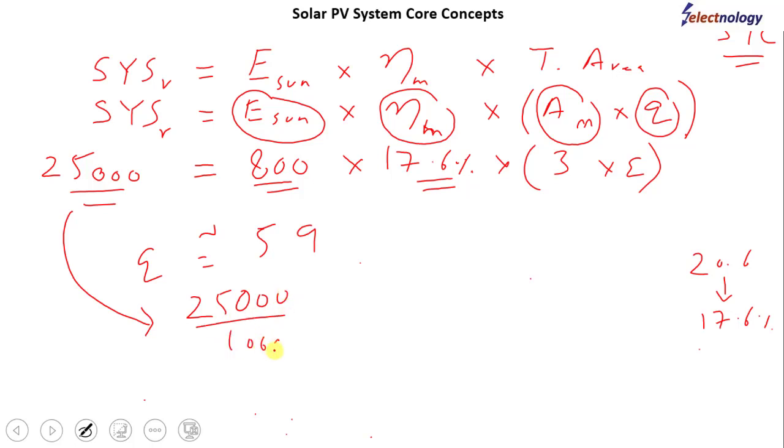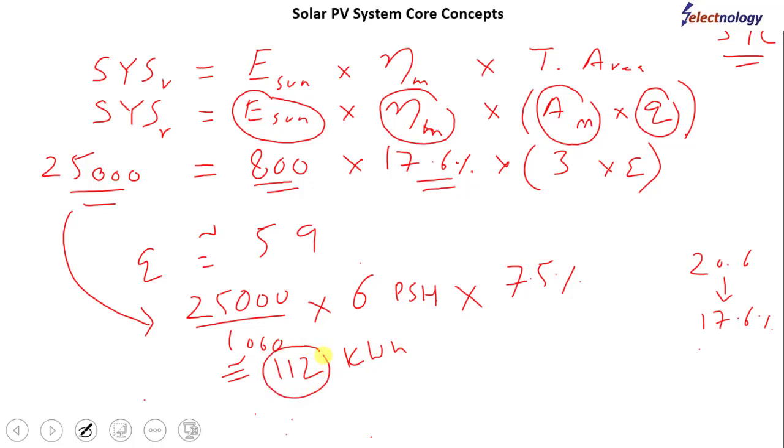Let's take 6 peak sun hours, a good average value for our calculation, and taking system losses of 25%, meaning 75% efficiency of the overall system, this becomes approximately 112 kilowatt hour energy units. This means 112 energy units shall be produced in one day at a particular location, considering all the previous data we have just discussed.